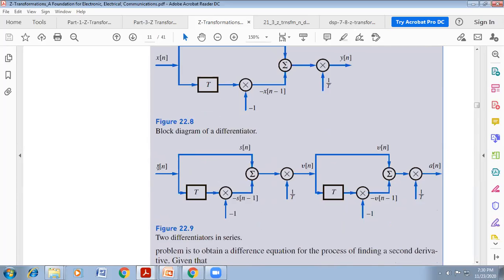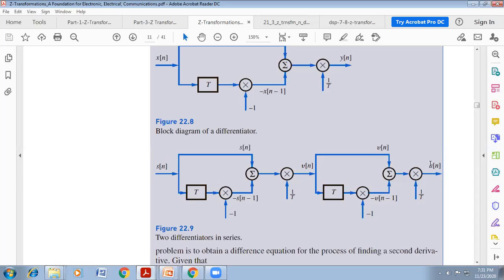That means distance will be the output here, and this distance becomes velocity after multiplying by 1 by t. Understand? After multiplying by 1 by t we get velocity, and this velocity becomes acceleration. How? After multiplying by 1 by t.